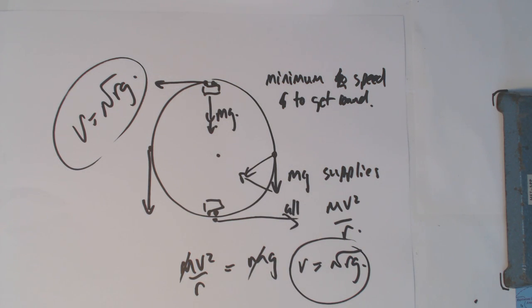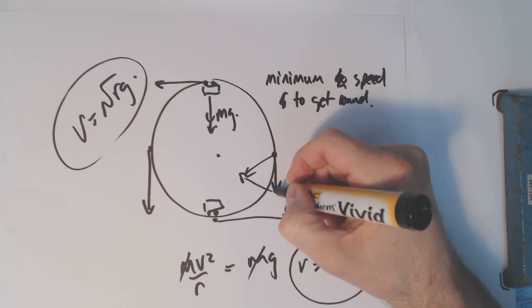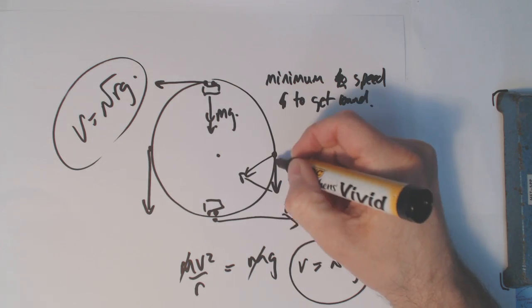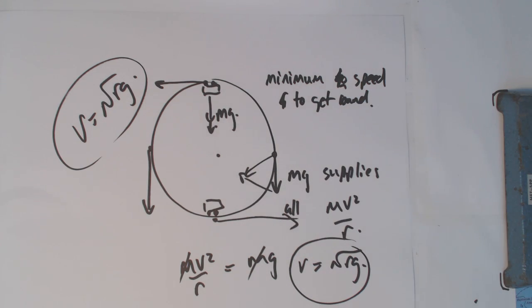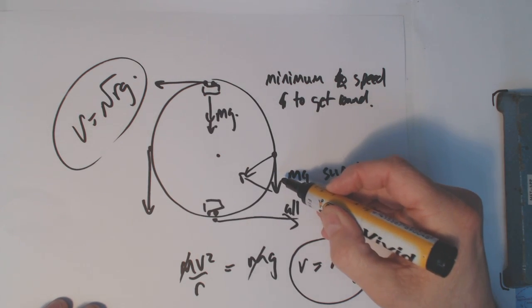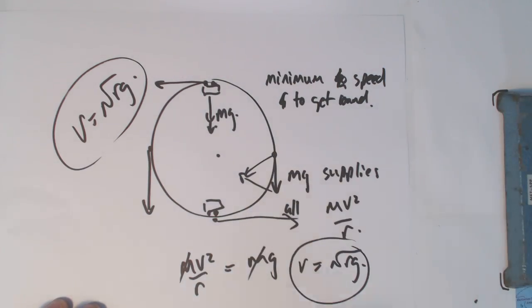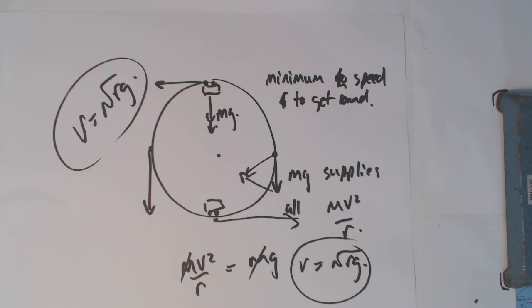So if its velocity is changing, a force is necessary. But the only thing that can change a velocity at a tangent is a force at a tangent. And that's because the component of mg, the weight force, doesn't just point either towards the center up or towards the center down. Some of it is pointing at a tangent to the direction it's going in, and that's the bit that slows it down. So vertical circles get a bit tricky.